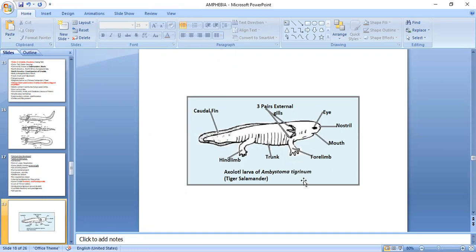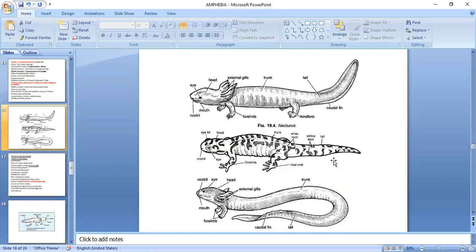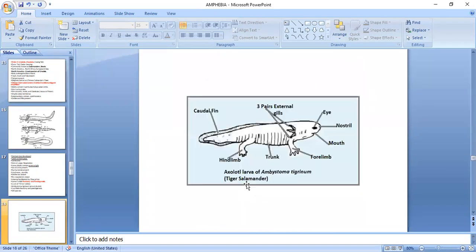This is actually Ambystoma tigrinum, the tiger salamander, its larva. In some books it is given differently, but it is better to pronounce it as Ambystoma. Anyway, the tiger salamander larva is called the axolotl larva.